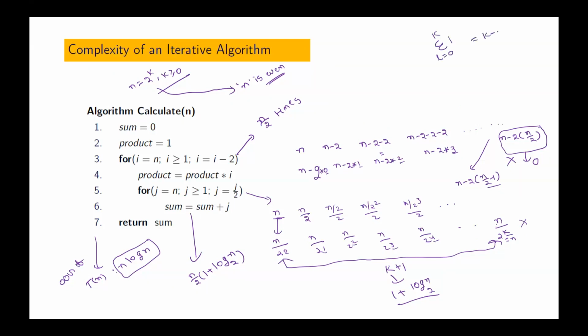Total is k minus 0 plus 1, which is k plus 1. Since we are including 0, that is why the upper bound is k, the lower bound is 0, plus 1. Upper bound minus lower bound plus 1 is the formula. It is k plus 1. Okay, sir. Thank you.